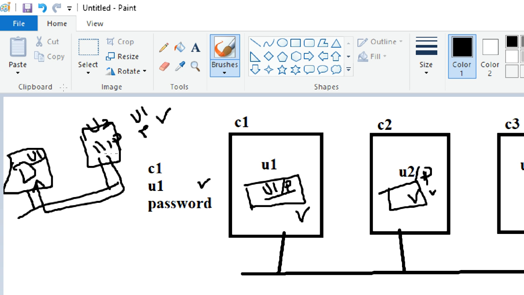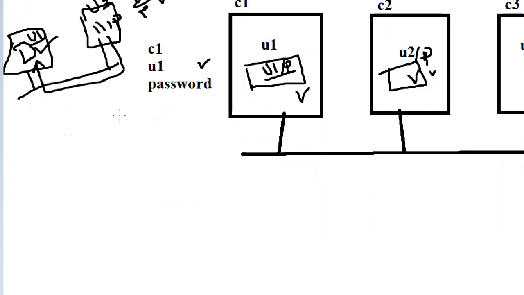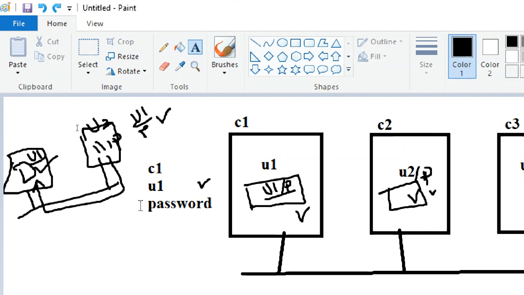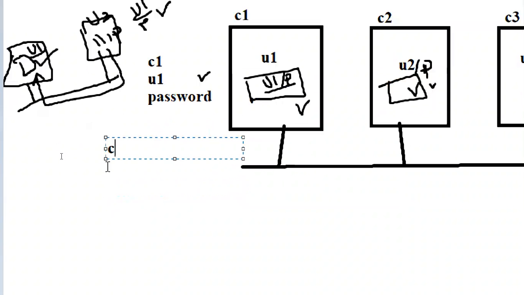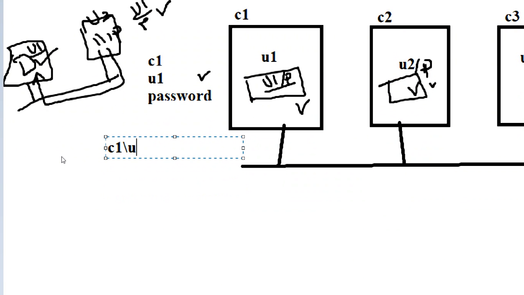So to access network resources we of course use a username and password, but at that time we have to say that this user one belongs to this PC, using an IP address or a name, like C1 slash U1.